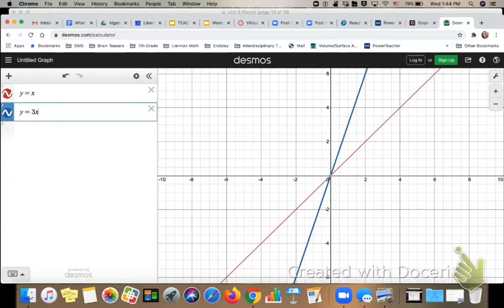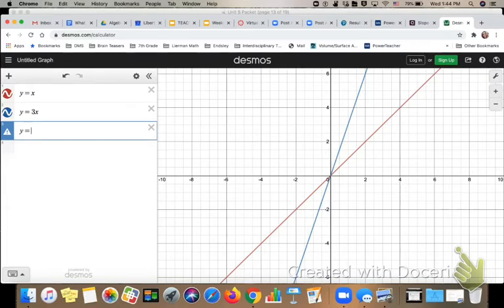Then what would that look like if I was trying to make a function that is flatter? If you're trying to make a function that is flatter, your slope needs to be less than the parent function. So my parent function slope again is 1, so any fraction less than 1 would work. So I'm going to use y equals, and I'm going to put the slope as 2/3.